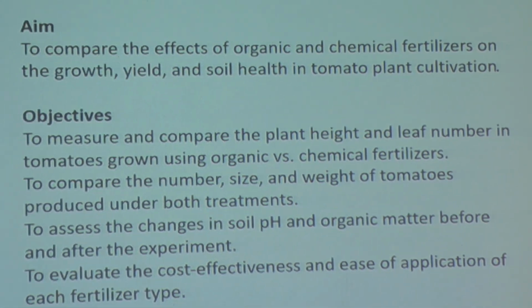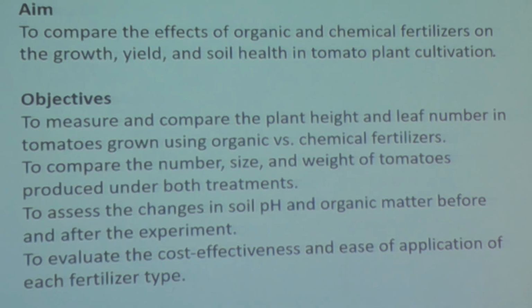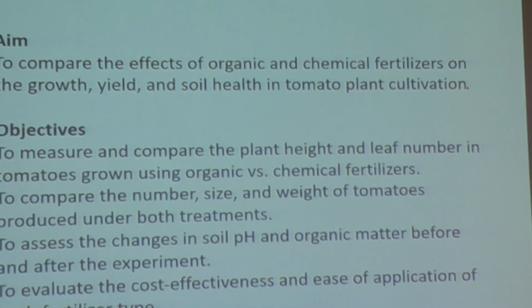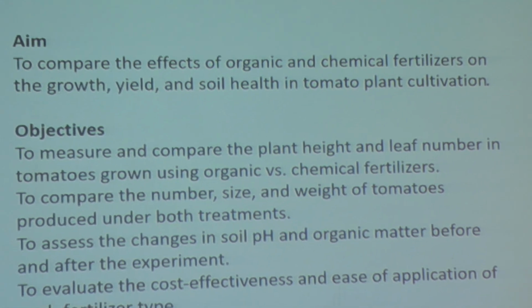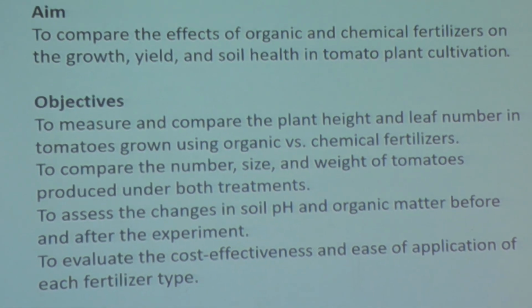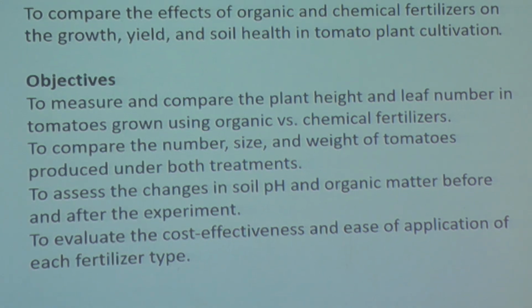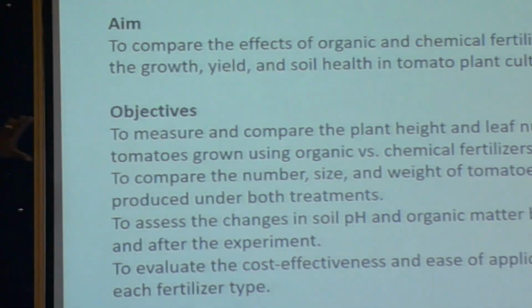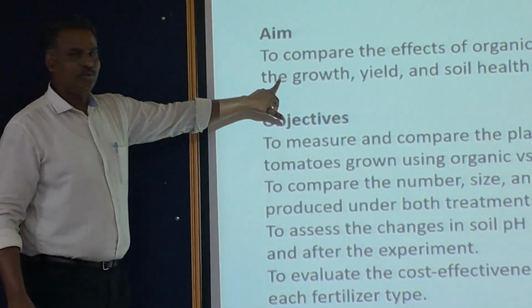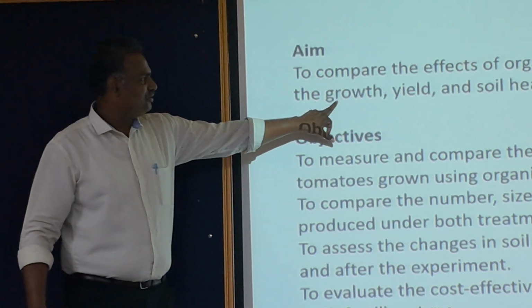See here, to measure and compare the plant height and leaf number in tomato grown using organic versus chemical fertilizer. Second one? To compare the number, size and weight of tomatoes produced under both treatments. So, by doing this one, you can achieve this aim. The growth and yield.